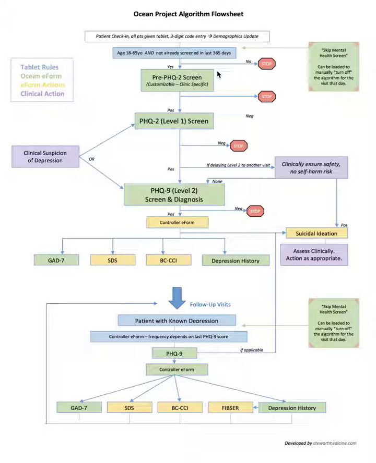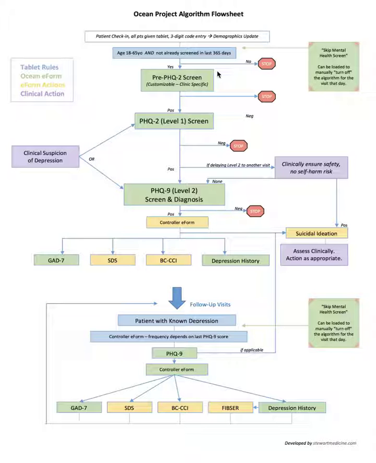Now the pre-PHQ-2 screen seems like an added work step, but it's more appropriate clinically. Evidence shows we shouldn't be applying the PHQ-2 screen to the entire population of patients. For one, it will generate a workload that you might not be able to handle or have the resources to handle.